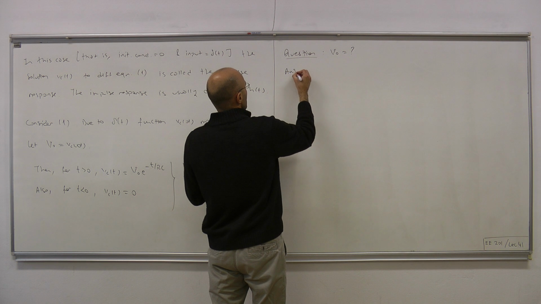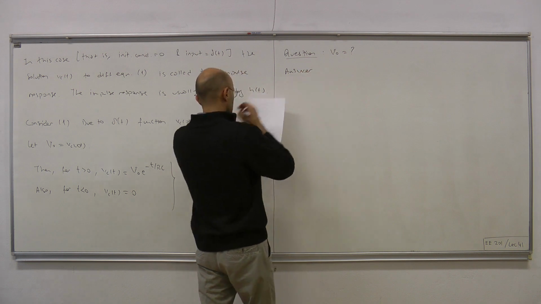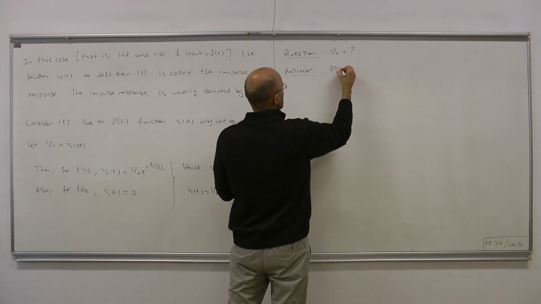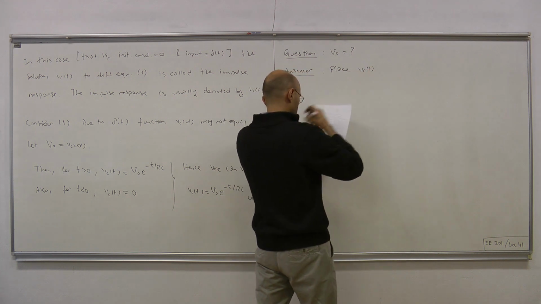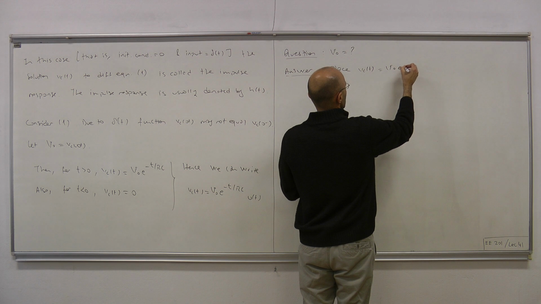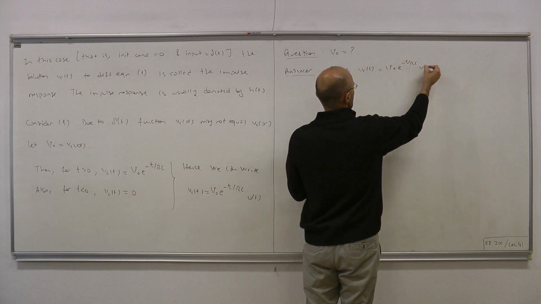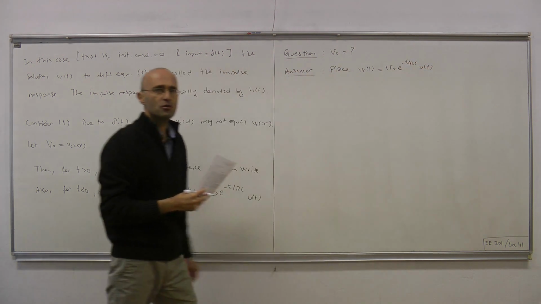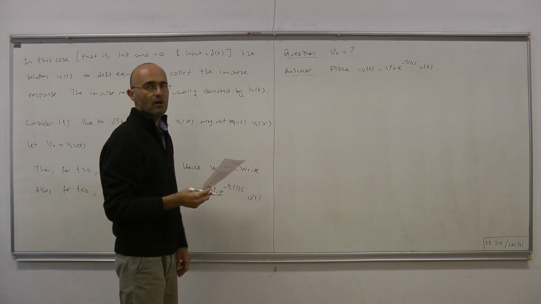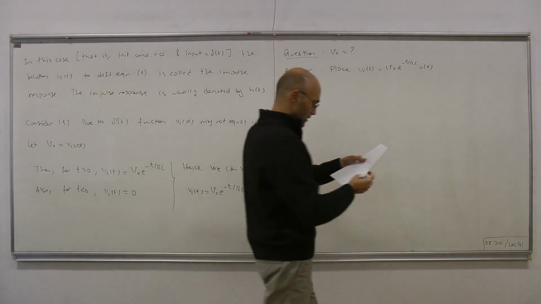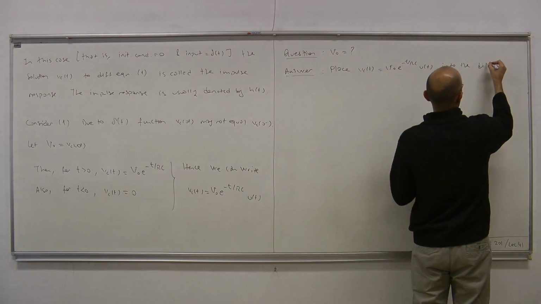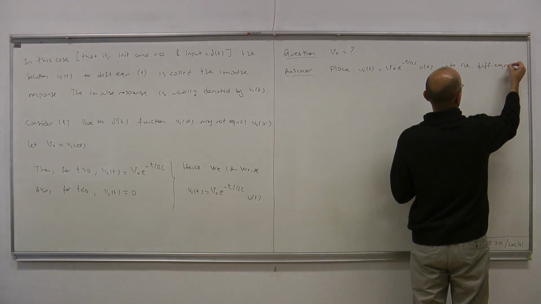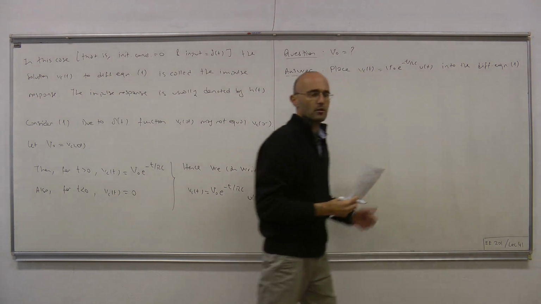So one way to find the answer is to place Vc(t) equals V0 e to the minus t over RC u(t) into the differential equation, equation 1, and see what you get.